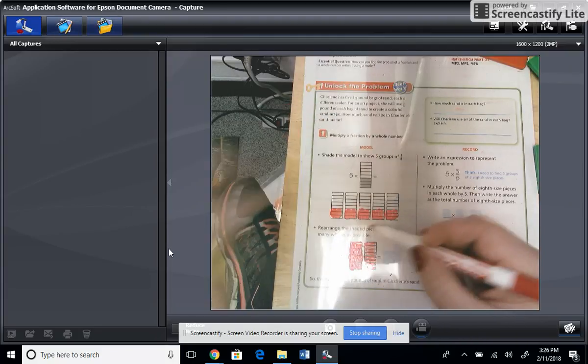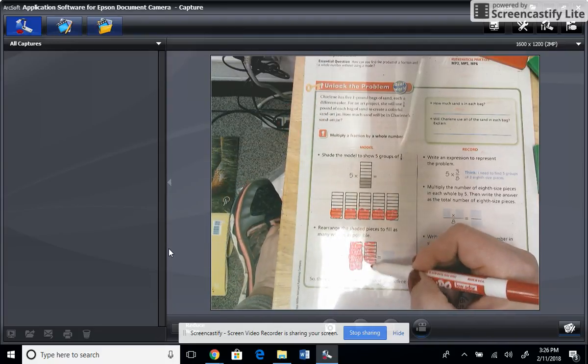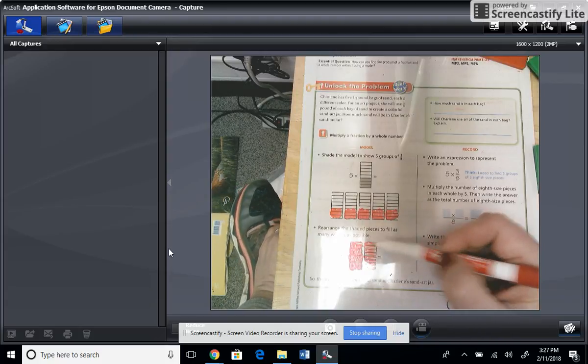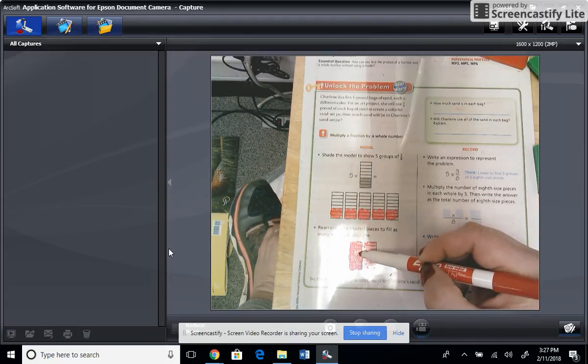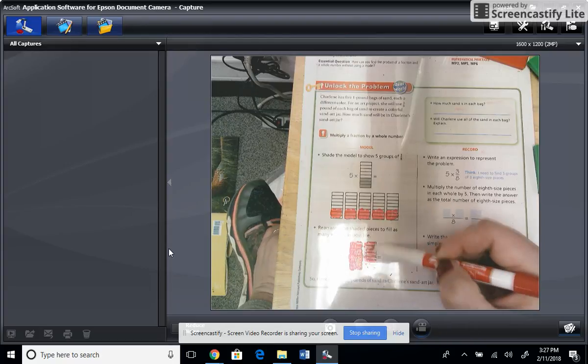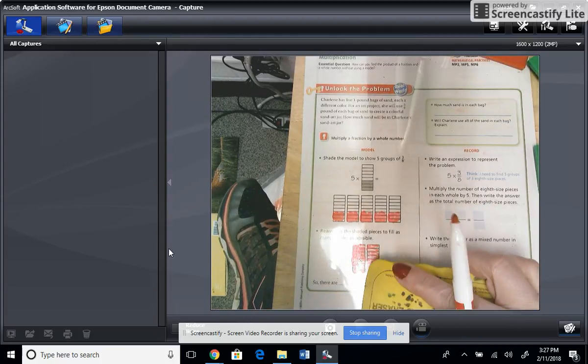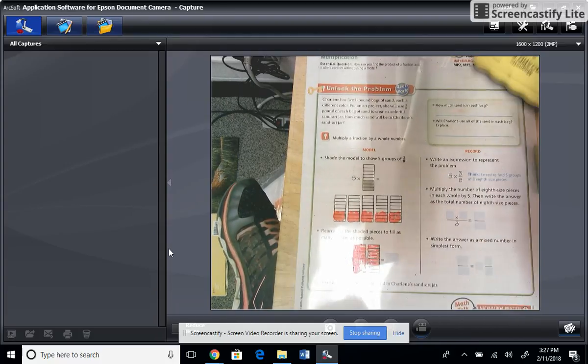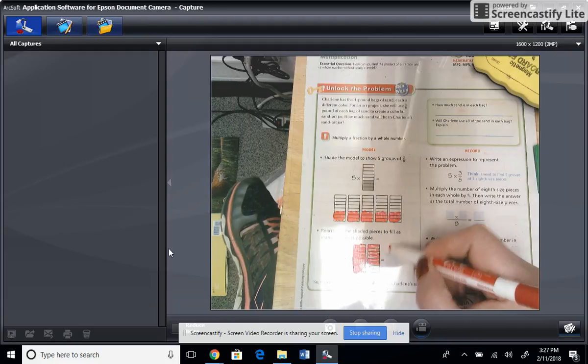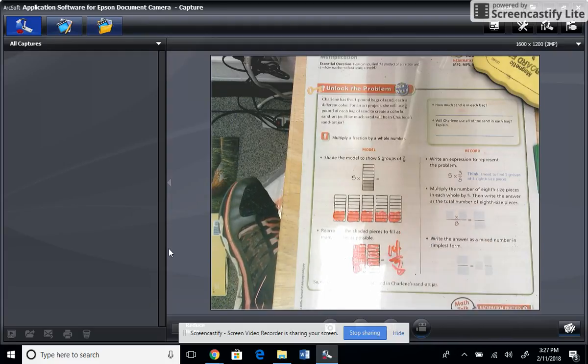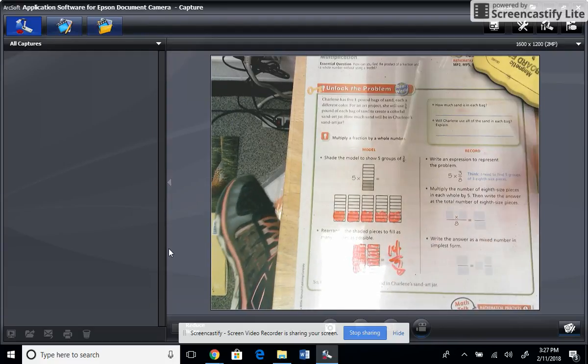And we came up with how many? 1, 2, 3, 4, 5, 6, 7, 8, 9, 10, 11, 12, 13, 14, 15. This last one shouldn't be filled in. All right, so what do we have here? We have 14 eighths. Or 15 eighths, sorry.